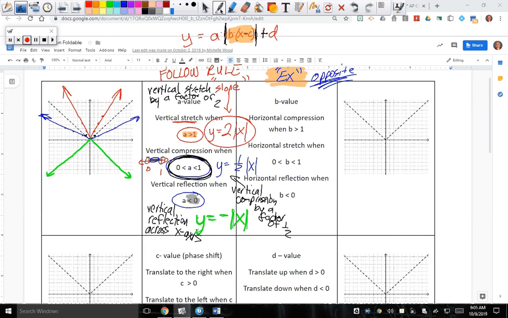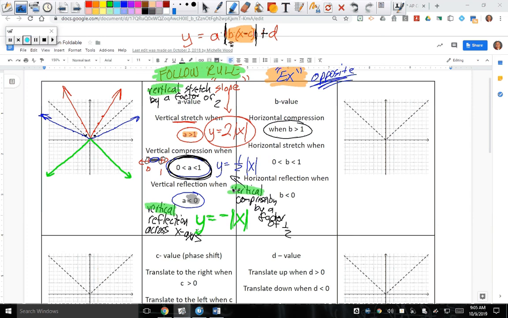Okay? So now, here we go. B is this value right here. And if B is 1, immediately, what's the very first word that you think I want you to describe the transformation? The very first word. Horizontal. So all of these over here with the y value outside of the x, they were all vertical.